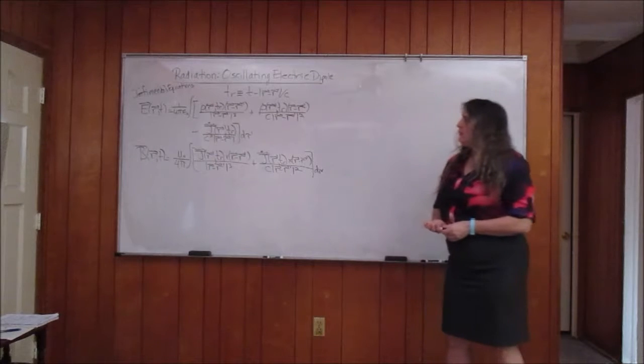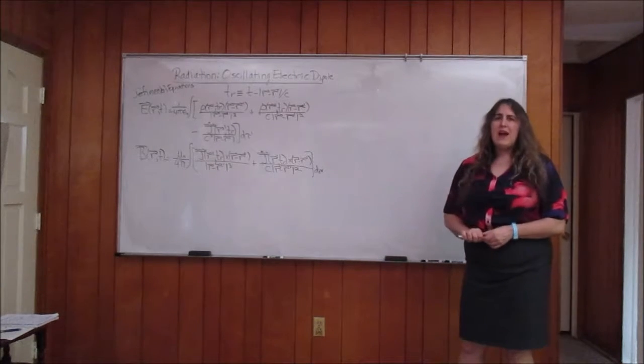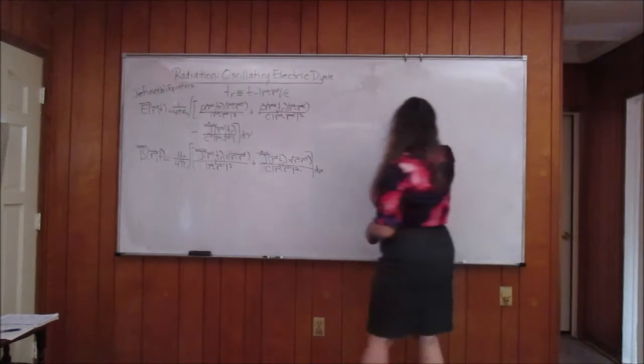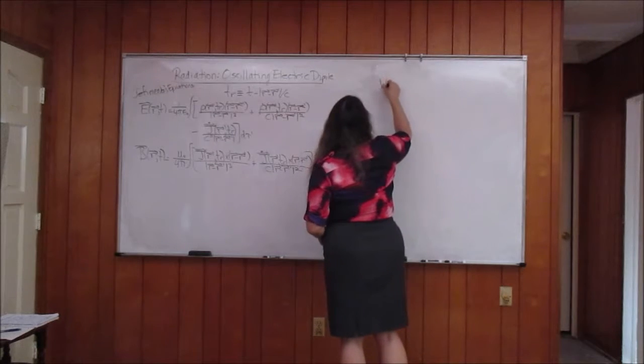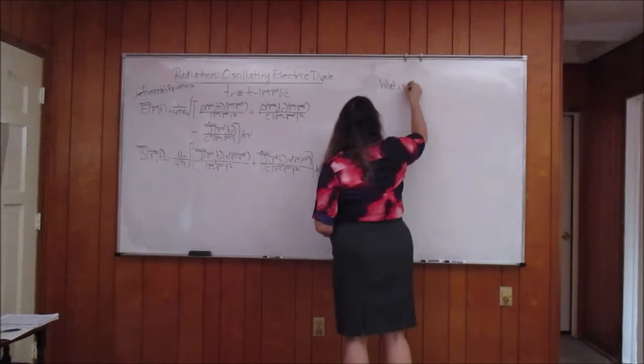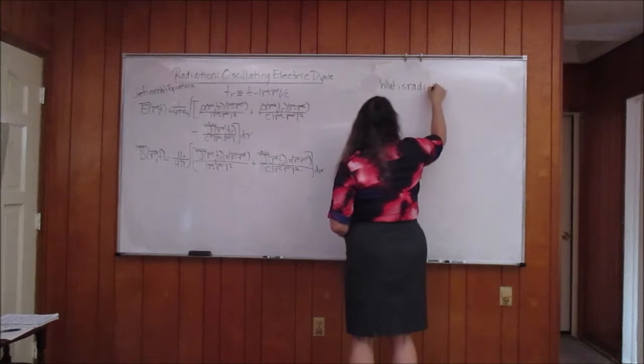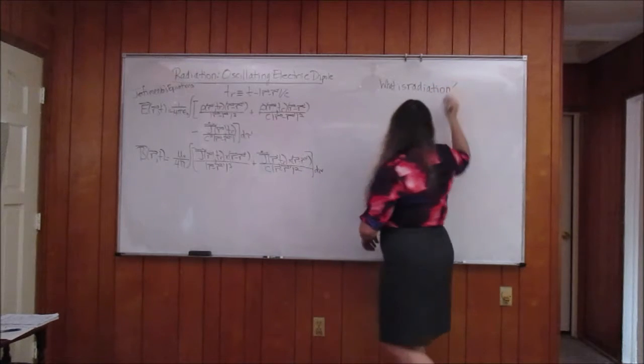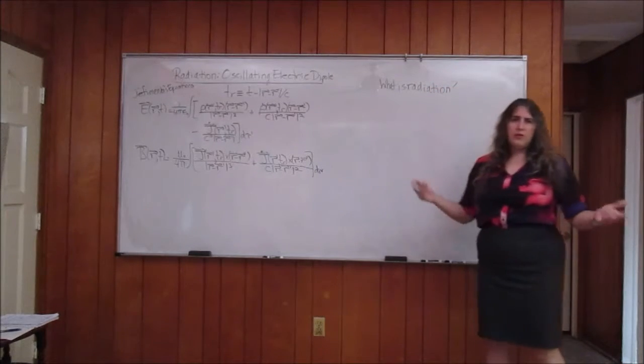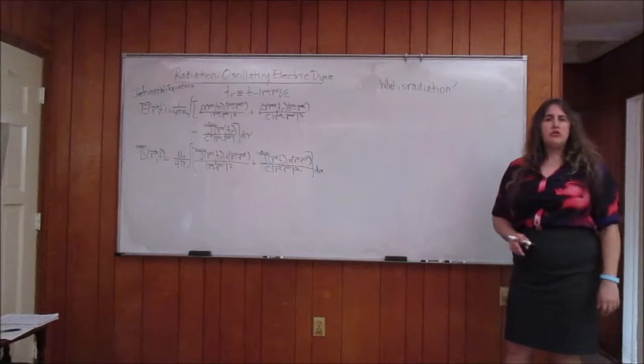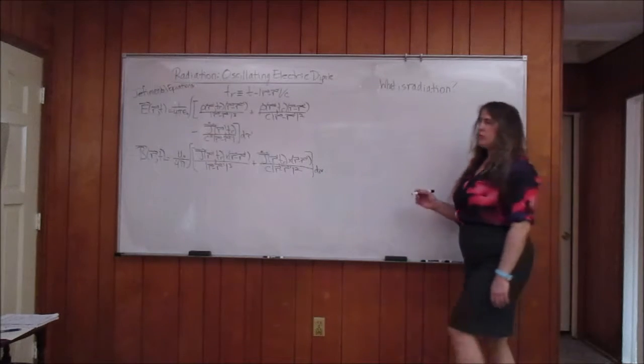So the question that we want to pose, first of all, is what do we mean by radiation? A pithy way of saying it is it's the energy that's carried off and never returns.